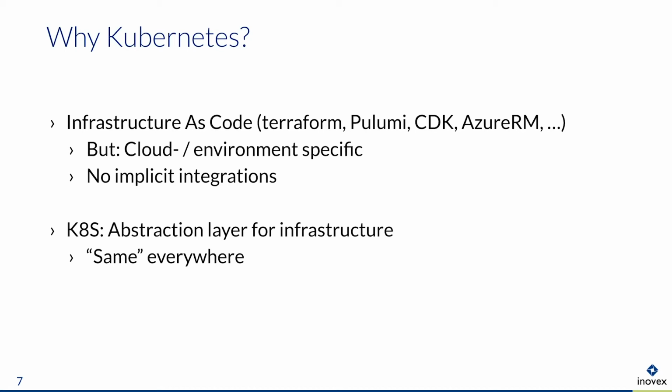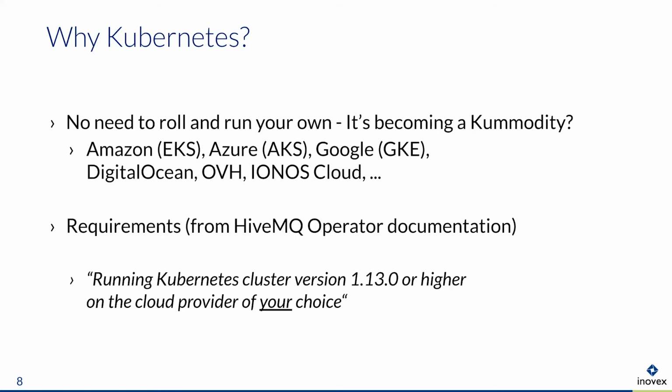And then there's no implicit integrations, even though the white papers tell you that everything within a single cloud provider can be integrated with each other. Certainly it takes a lot of glue code to make things talk to each other. And then Kubernetes comes to the rescue, or provides a paradigm, being some sort of an abstraction layer for that infrastructure.